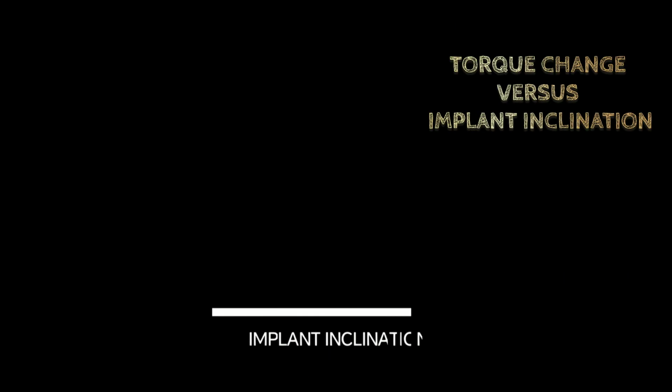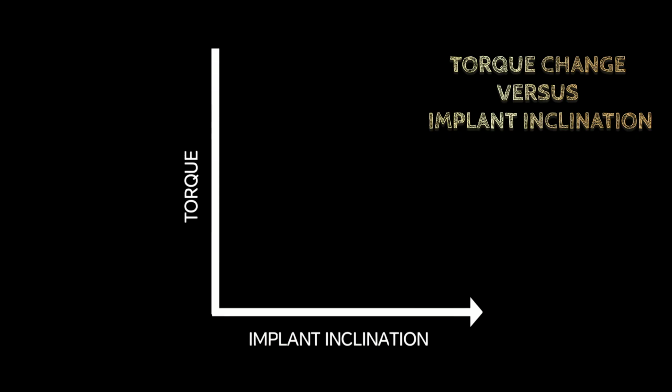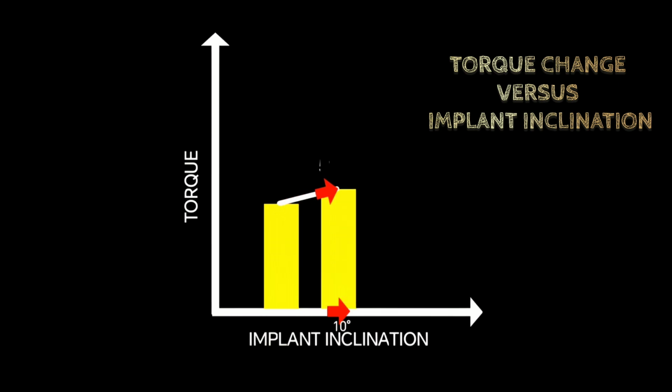Let us plot implant inclination along the x-axis and the change in torque along the y-axis. The torque acting upon the implant prosthesis at some degree of implant inclination is shown as a bar. The moment we increase the implant inclination by 10 degrees, the torque acting upon the implant prosthesis is increased by 5%.